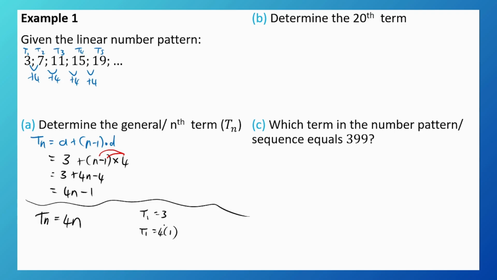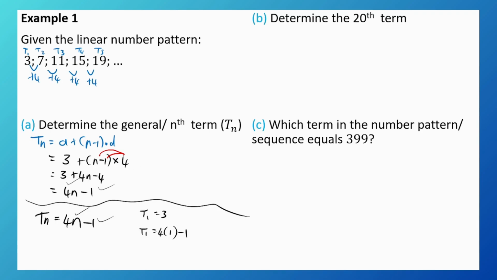So you ask yourself, how do you get from your constant difference to that first term? And that is minus 1. It really doesn't matter if you use this whole story or just write the answer, because it's 2 marks either way: 1 mark there, 1 mark there.